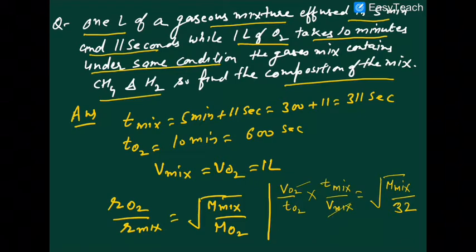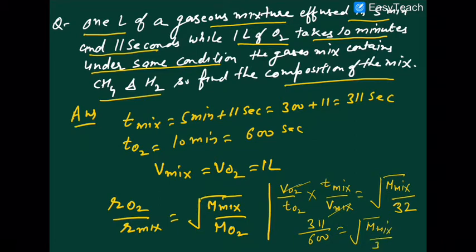Volume is the same, so both will cancel out. T of the mixture is 311 and oxygen time is 600. So it is molar mass of mixture divided by 32.